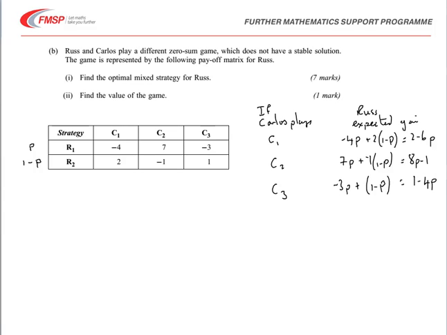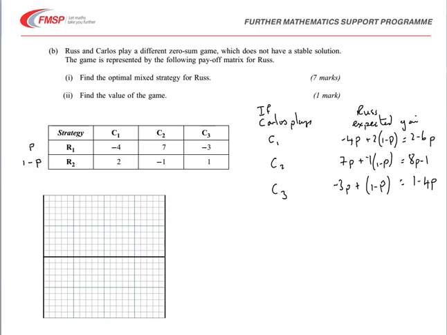So these are the three different things that can happen. And we indicate those on a diagram showing the probability p varying from 0 up to 1.